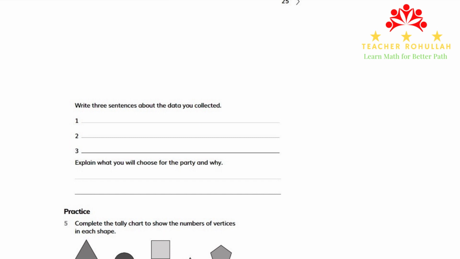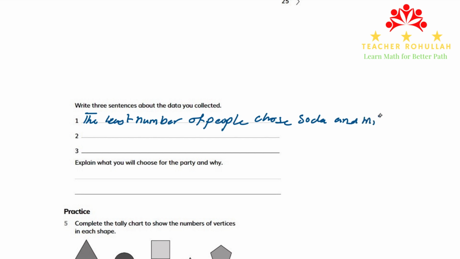In the follow-up questions, it says, write 3 sentences about the data you collected. The first thing that I saw in the table is showing that the least number of people chose soda and milk.